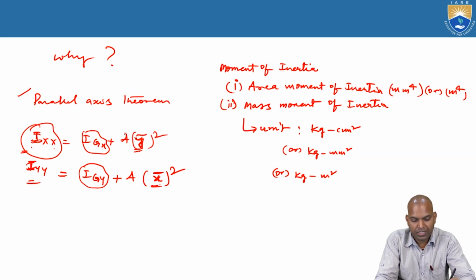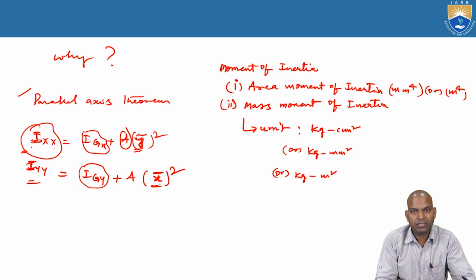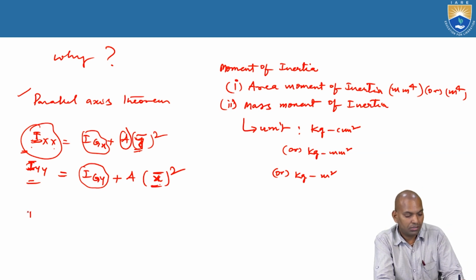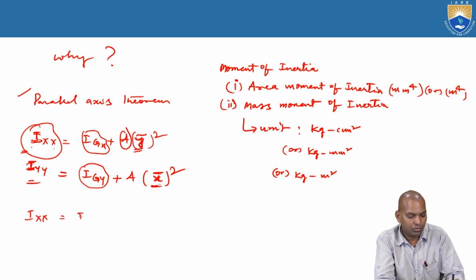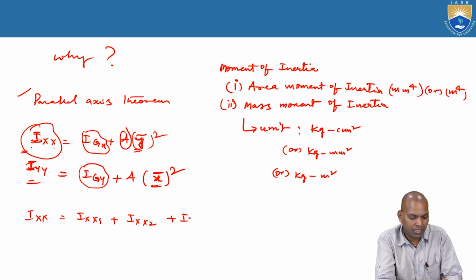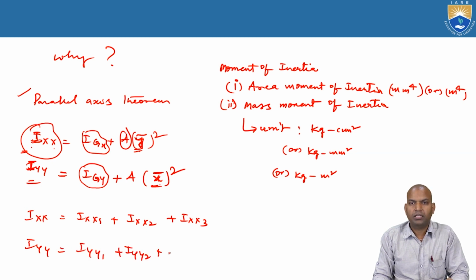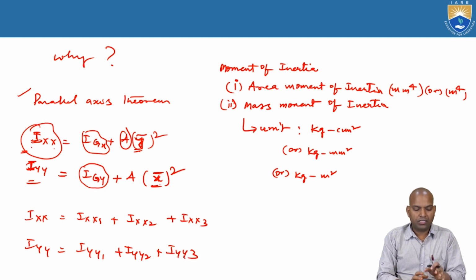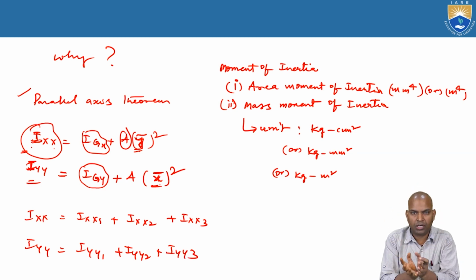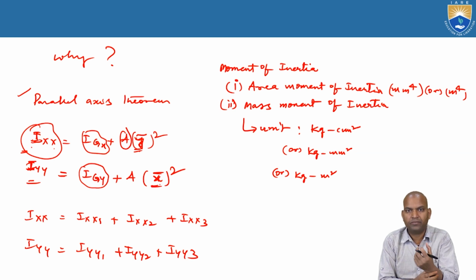Suppose the composite section has 3 sections, section 1, section 2, section 3. Then the total Ixx equals Ixx1 plus Ixx2 plus Ixx3. Similarly, Iyy equals Iyy1 plus Iyy2 plus Iyy3. Thus we calculate the total moment of inertia of the geometry which consists of the 3 sections.